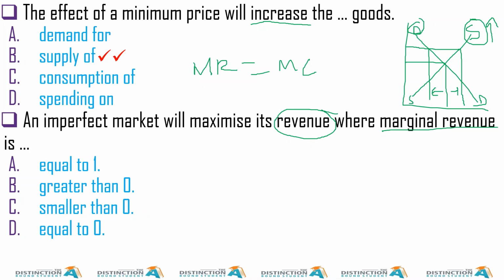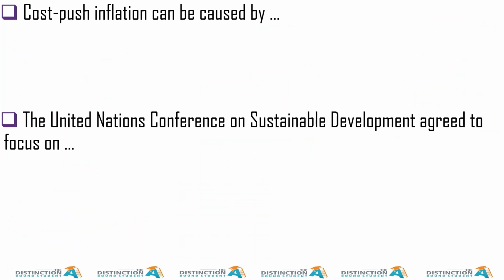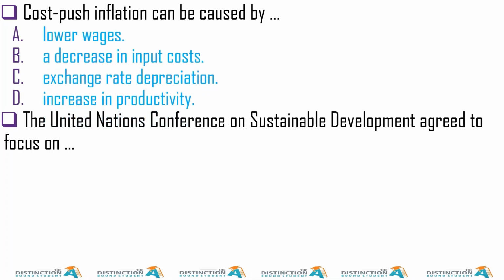But if you don't know that revenue is maximized at 0, then you wouldn't get it right. I talked about this one before, so I won't explain it once again. So it's when it's equal to 0.